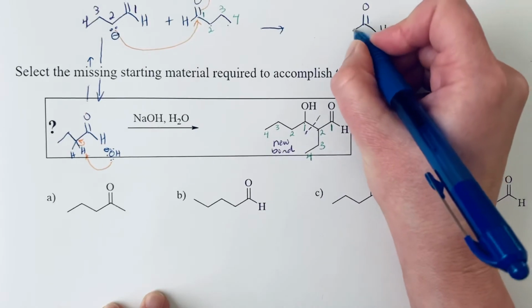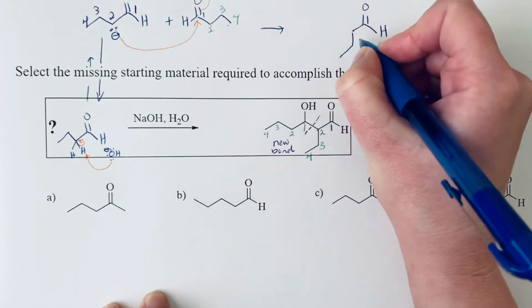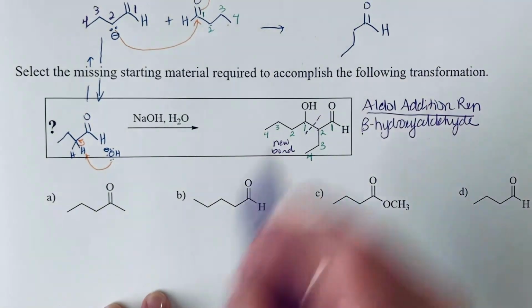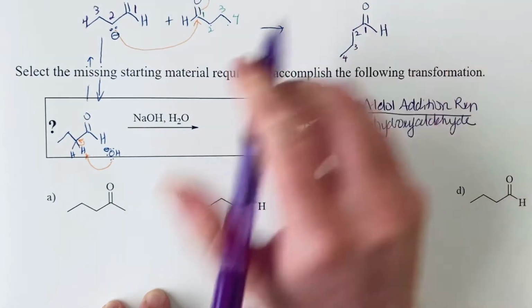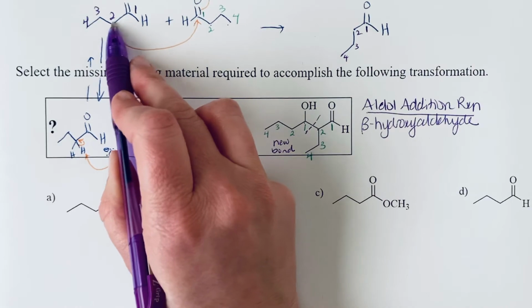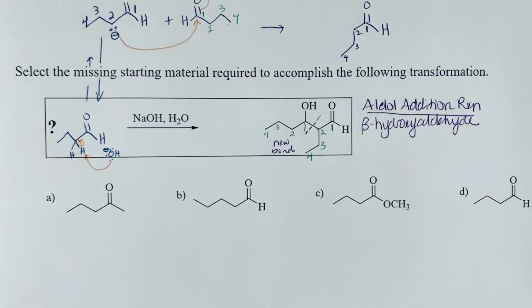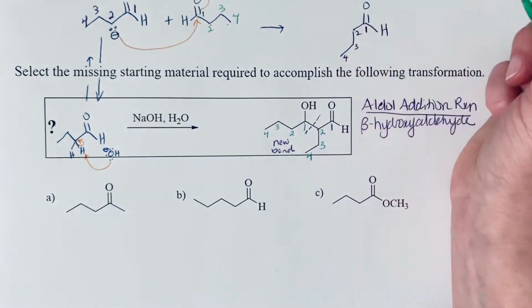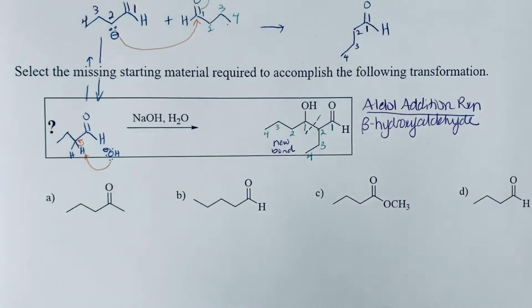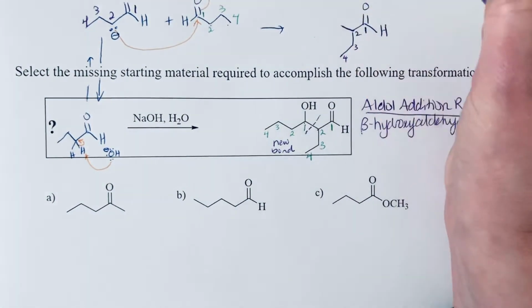So 1, 2, 3, 4, and we'll put those carbon atoms angled like this. We're recognizing that we formed this new bond between carbon 2 and carbon 1. So let's draw that new bond in a different color.